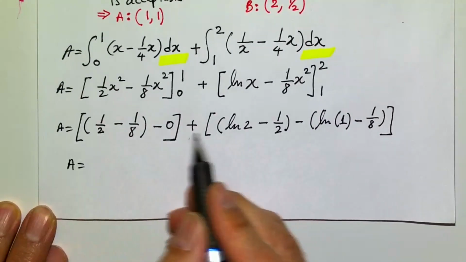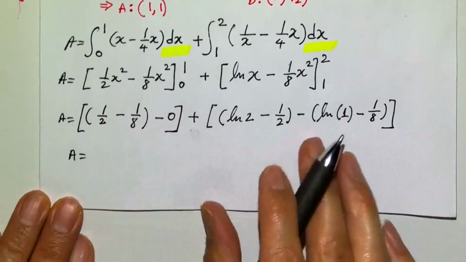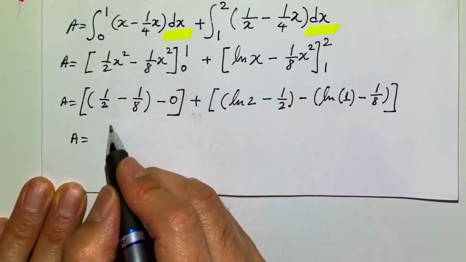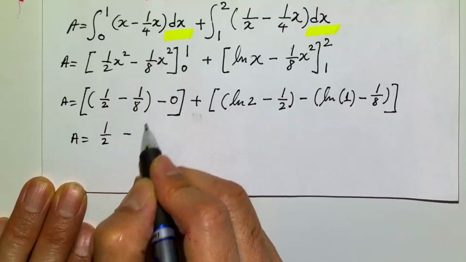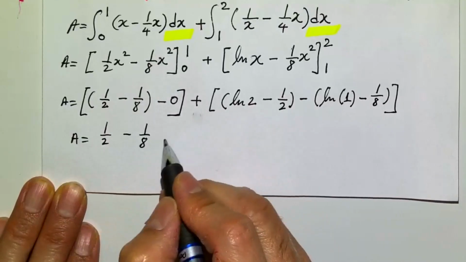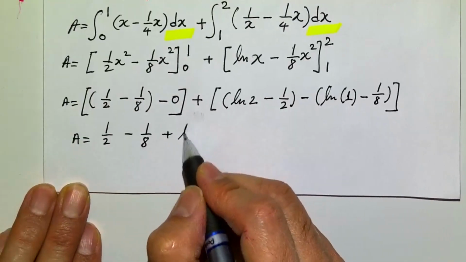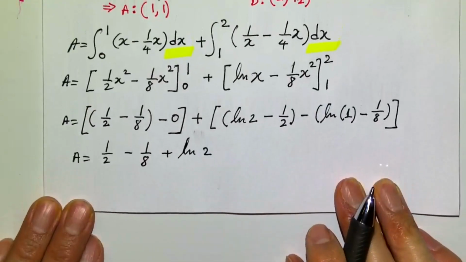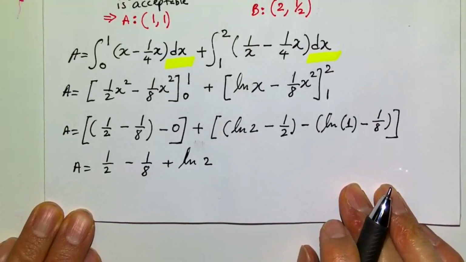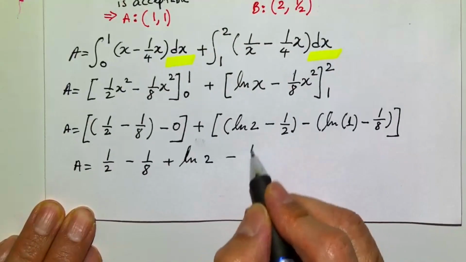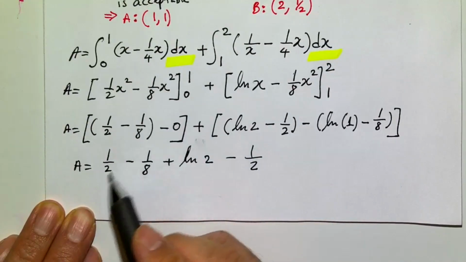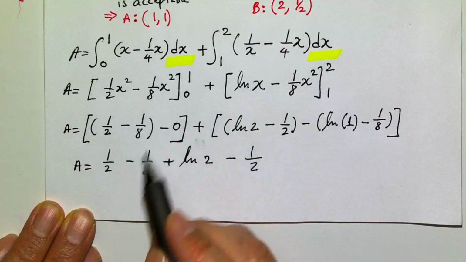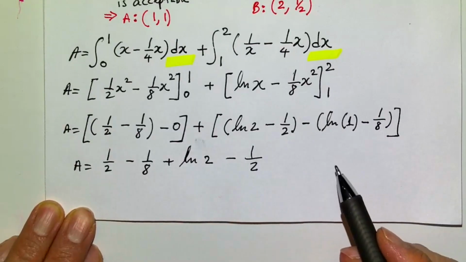Let's distribute all of this and then simplify. So we get 1/2 minus 1/8 plus natural log of 2 minus 1/2. Look, these are simplifying already, right? Minus 1/2 and positive 1/2 add up to 0.